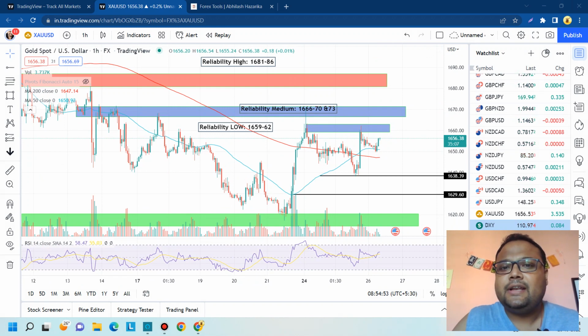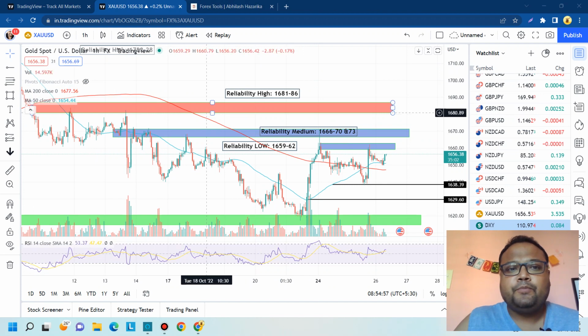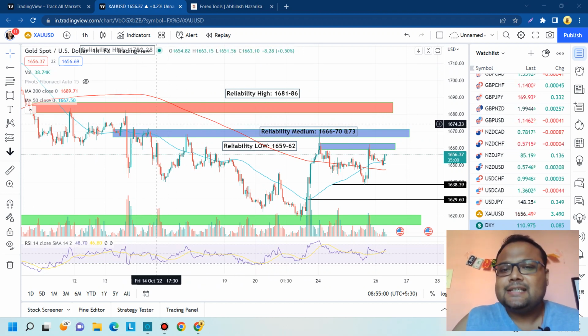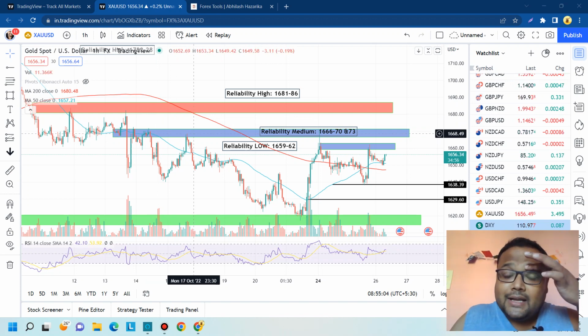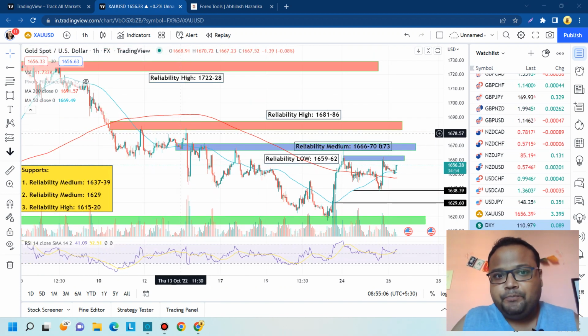1666 to 1670 is also an important resistance on the market. You can see 1666, 1670 is a resistance zone, because whenever the market has tried to go up, it has failed.